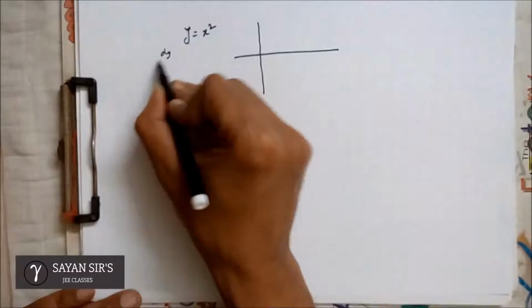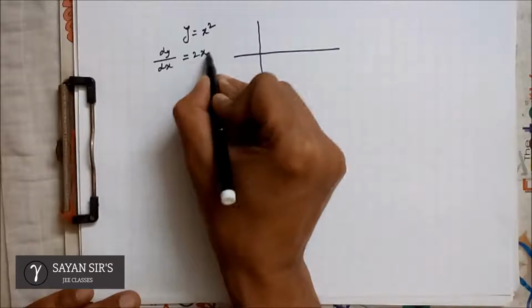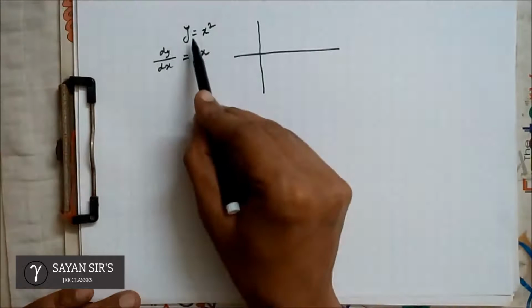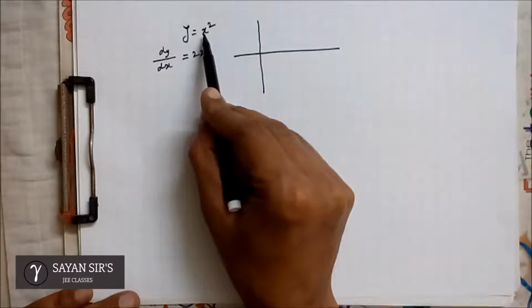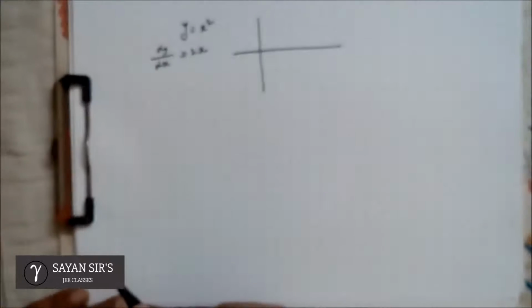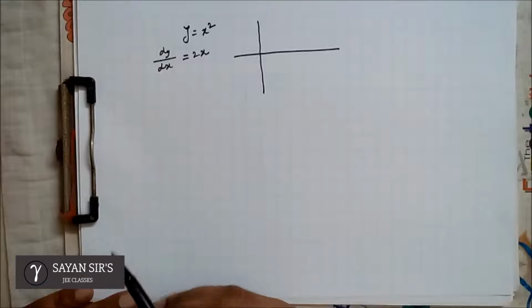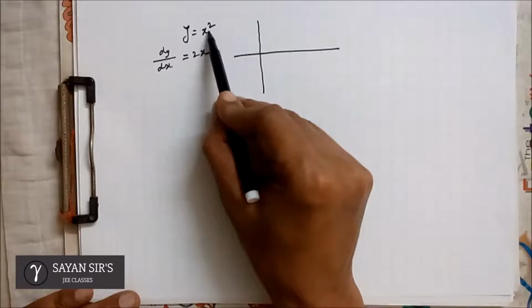If I take the derivative of y, I get 2x. I can see that y will always be positive for either x negative or x positive. So first let us focus on the positive values of x.